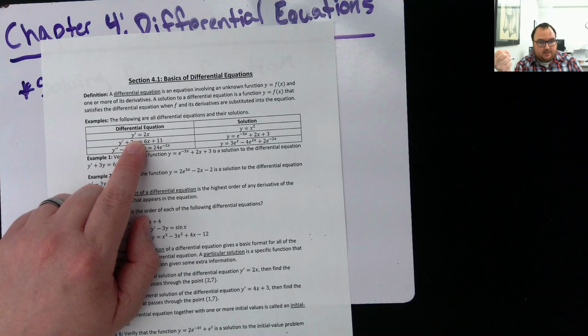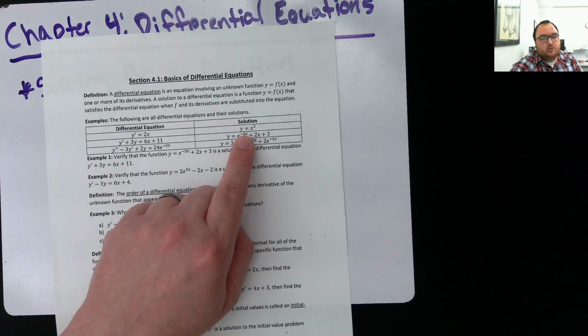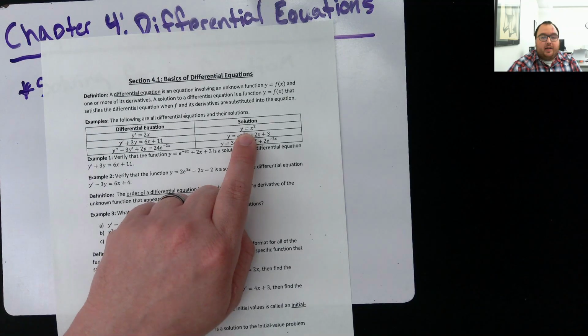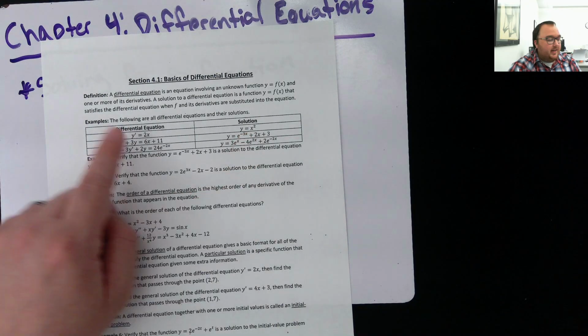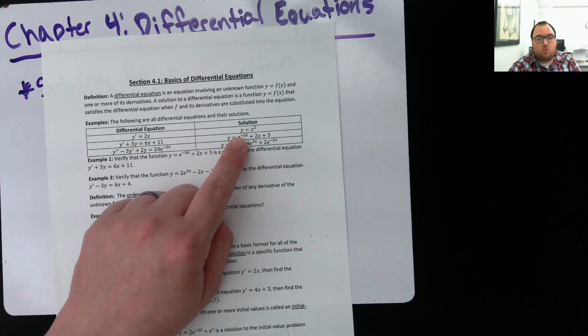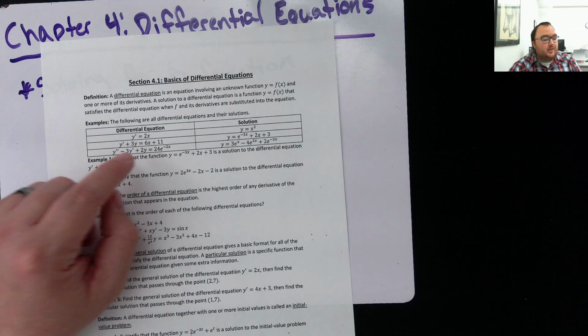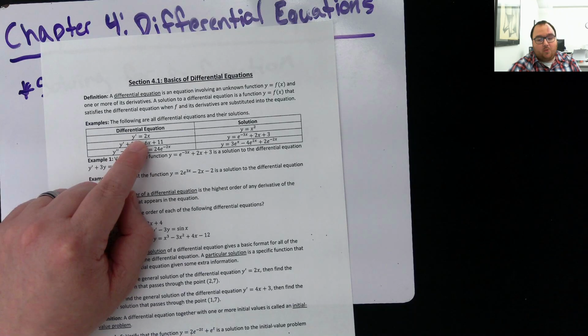The solution is going to be the function y equals x squared. Because if I plug this y in here, it works: if y is equal to x squared, y prime would be 2x, which is what it was, right? Now, this one isn't very hard. We are going to see some that are way harder, but that's just to show you what I mean.